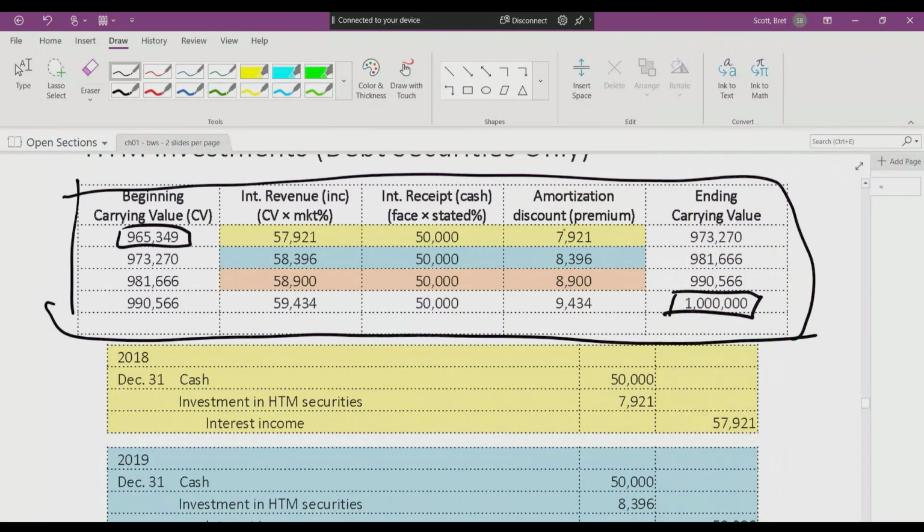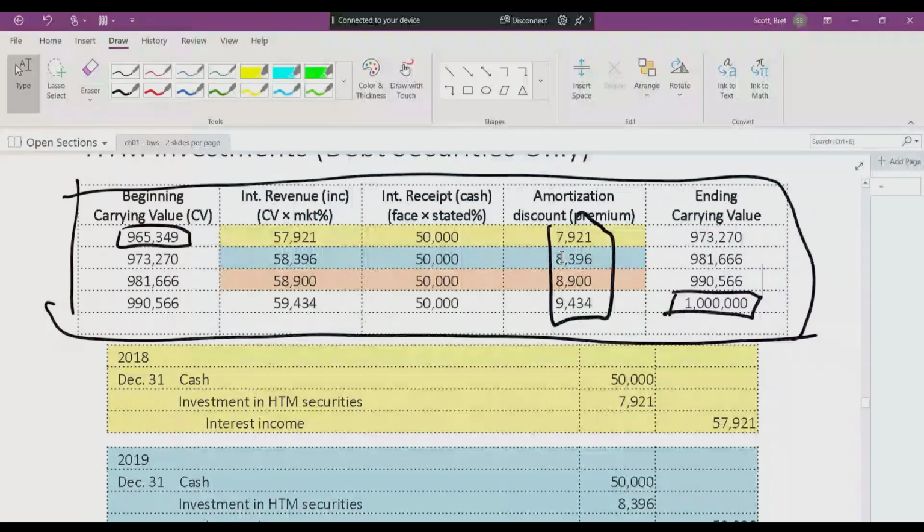Rather, we have to amortize that amount from the day we bought it to the day that it matures. So not 200,000, excuse me. What am I talking about? About 30,000, 34,000, whatever. Is it material? No, not to the poor people like me.